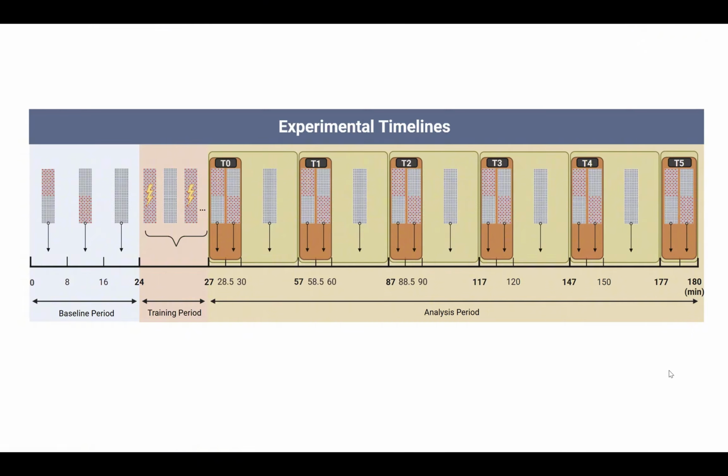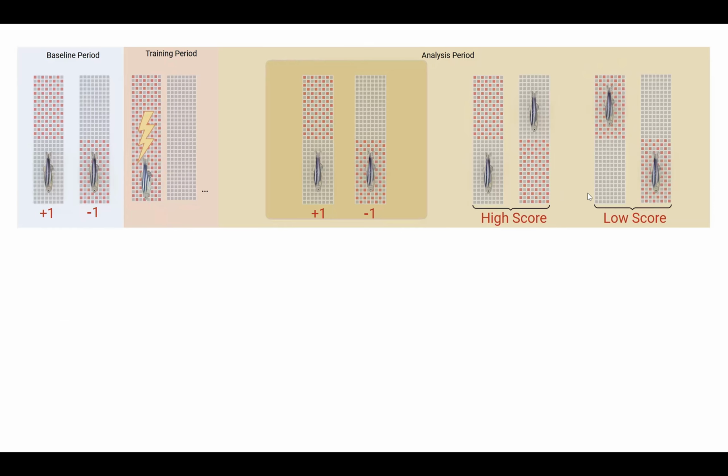In addition, the clips from 6 to 8 minutes and the 15 to 16 minutes will be also used as the baseline reference. Here's how we assign score based on the fish's performance. Its performance was quantified based on the fish's spatial preference relative to the illuminated checkboard stimuli.